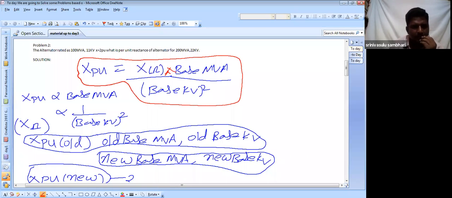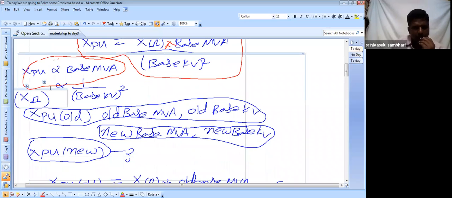From this formula, we know that the per unit reactance is directly proportional to base MVA, it is direct. If I find out X per unit based on old base MVA, old base kV, now what is the current reactance X per unit new? We have to find out.